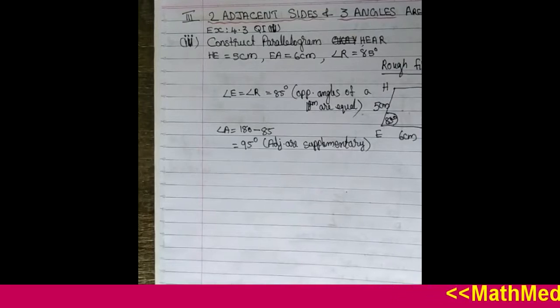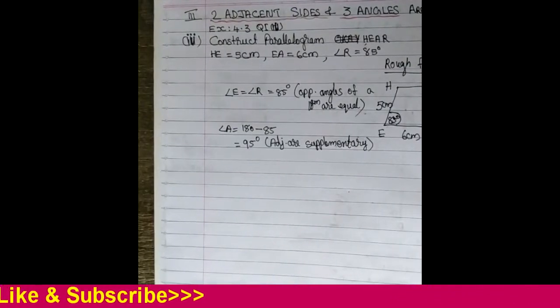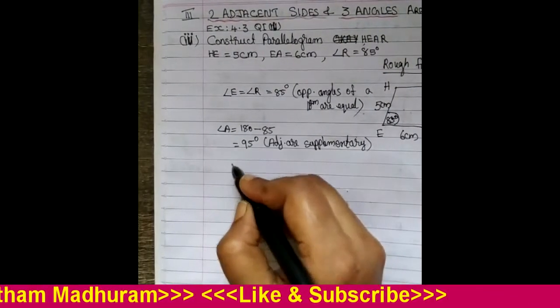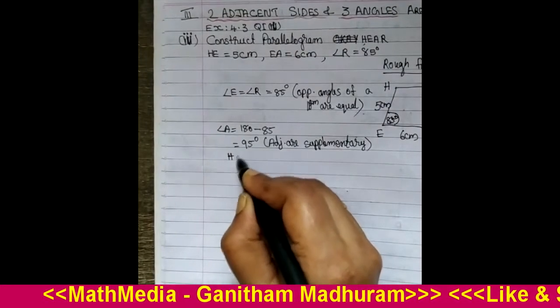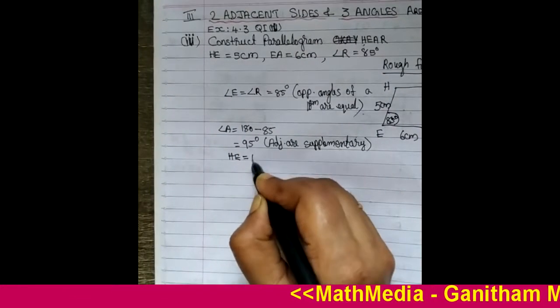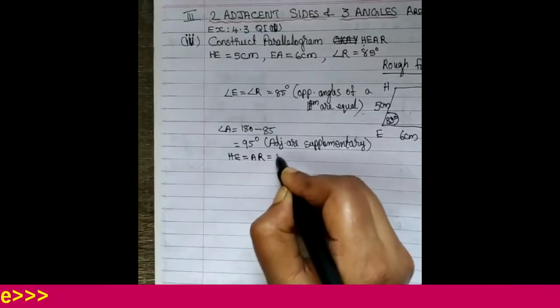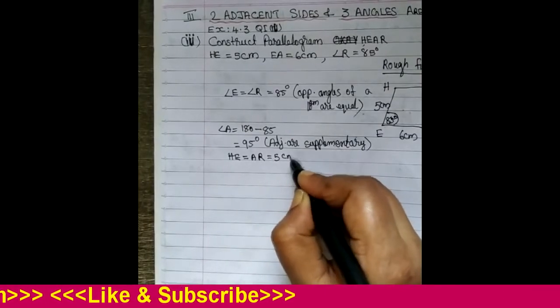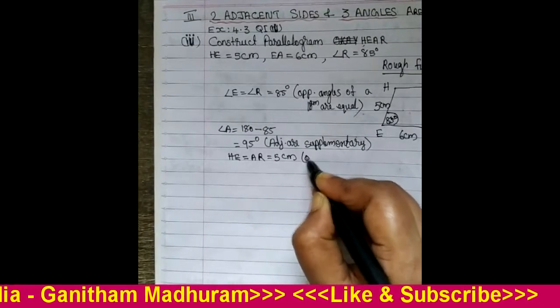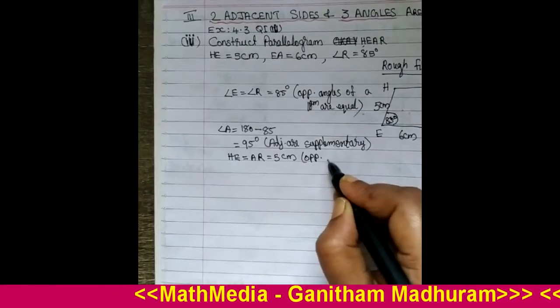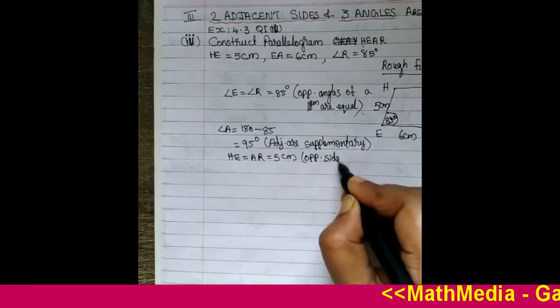Now we can see how to construct the parallelogram. Similarly we have HE equal to AR equal to 5 cm. Reason: opposite sides of a parallelogram are equal.